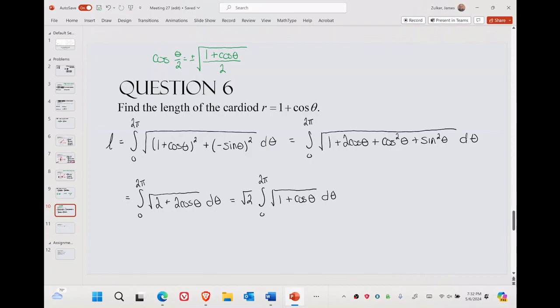So 1 plus cosine of theta, the square root of it, would be square root of 2 times cosine of theta over 2. It would be the absolute value of that.